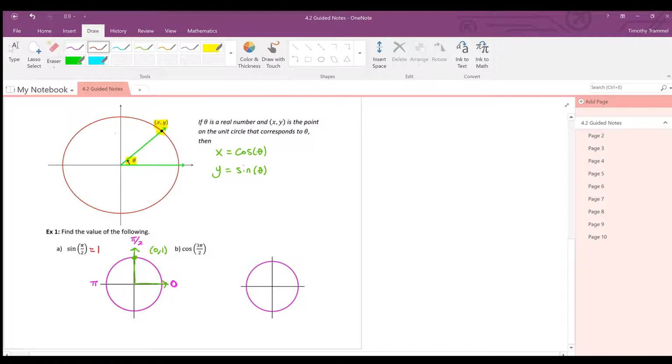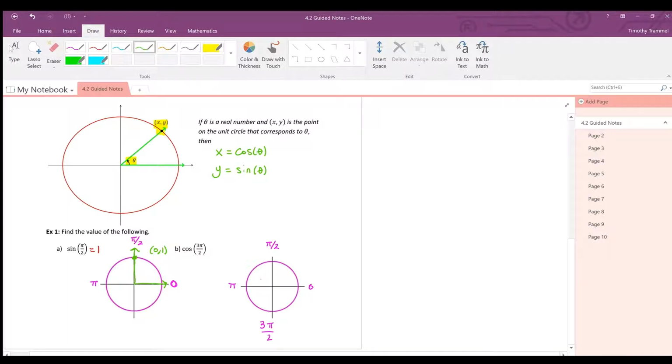Let's try cosine. You can see that for this one, we're going to need to know where 3 pi over 2 is on the unit circle. Had we just counted one more pi over 2, that would have put us at 3 pi over 2 here. But all is the same. This is still pi over 2 and 0. Let's do that rotation.